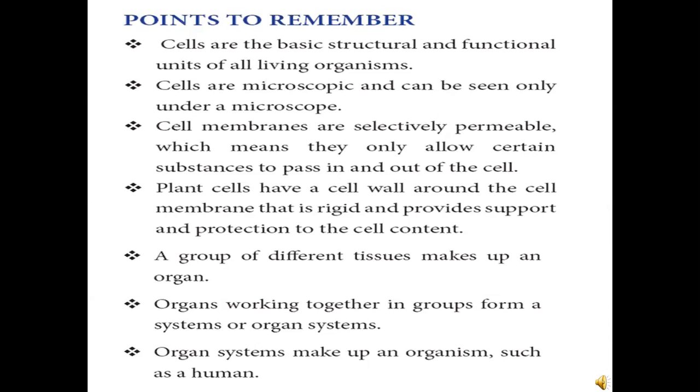Plant cells have a cell wall around the cell membrane that is rigid and provides support and protection to the cell content. A group of different tissues makes up an organ. Organs working together in groups form systems or organ systems. And organ systems make up organisms such as humans. So these points are important in this lesson.